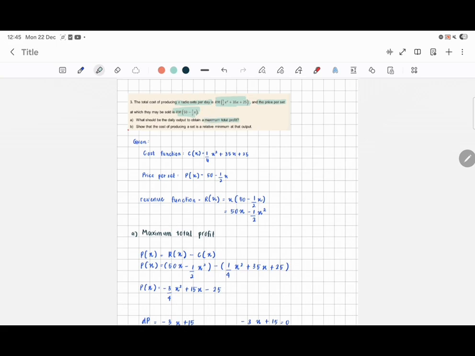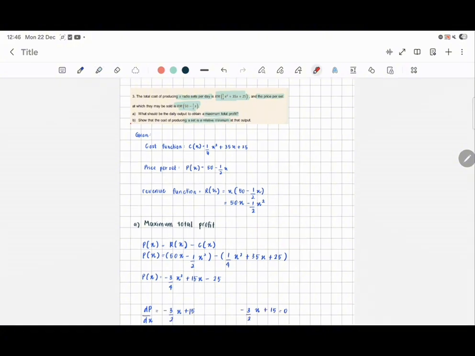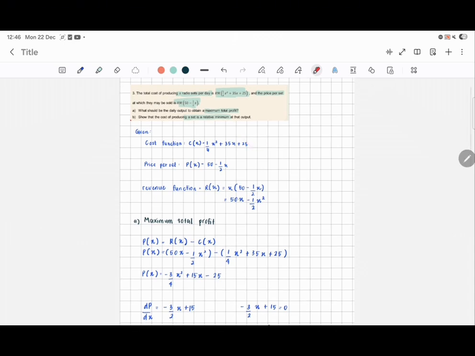B. Show that the cost of producing a set is a relative minimum at that output. So we are given the cost function. The total cost of producing x radio sets per day is 1 over 4 x squared plus 35x plus 25. The price per radio set is 50 minus 1 over 2 x.